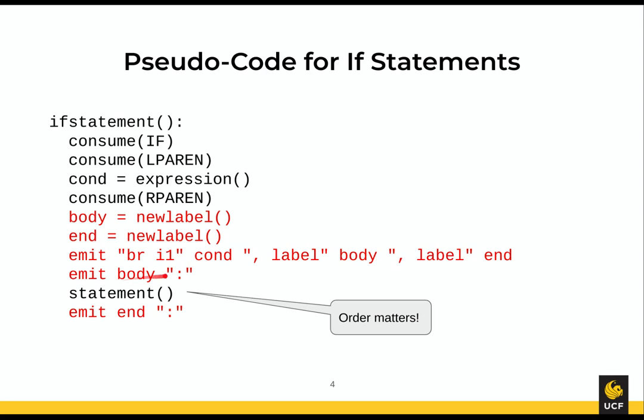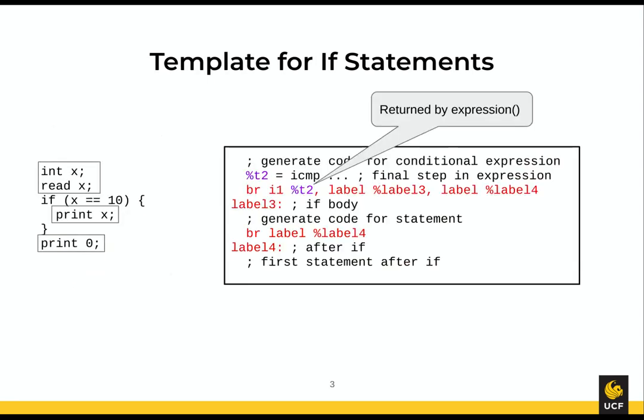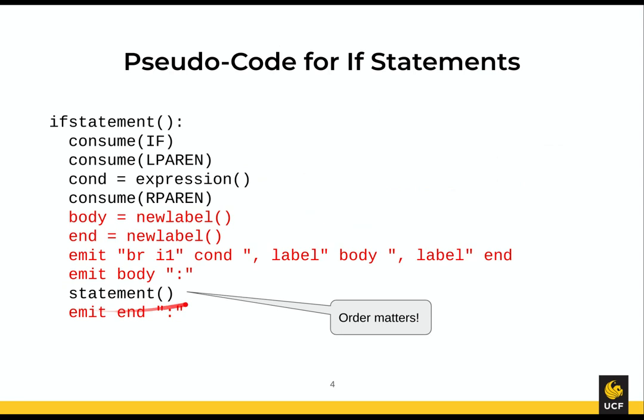Then we just emit an LLVM label, which is the name of the label followed by a colon. Then, following our template, after we have the label representing the body, we just generate whatever the code for the statement is. How do we generate the code for the statement? We just call the statement parser.